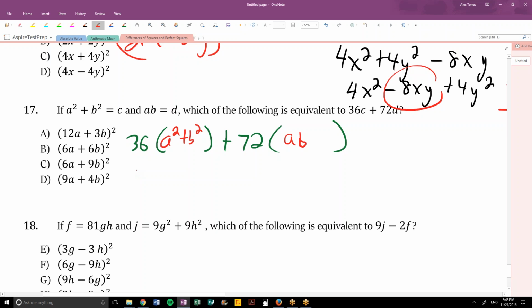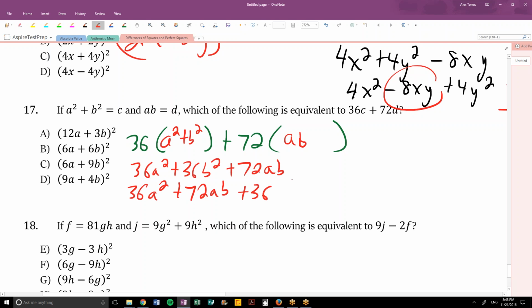We have 36a squared plus 36b squared plus 72ab. Like I said before, our instinct would be to recognize that if it is a perfect square, the terms would be in a slightly different order. So we're just reordering it here, and then we go through the perfect square test.